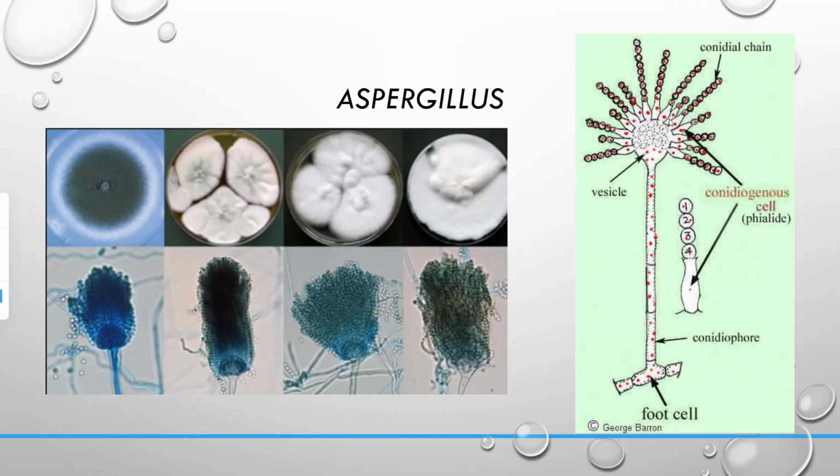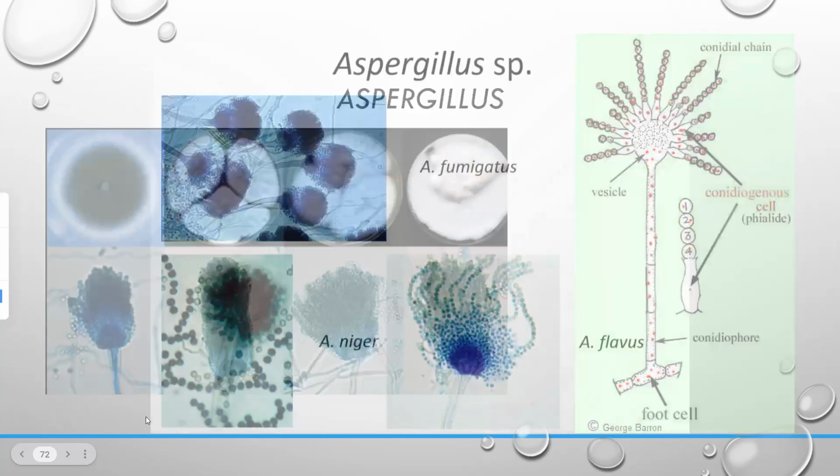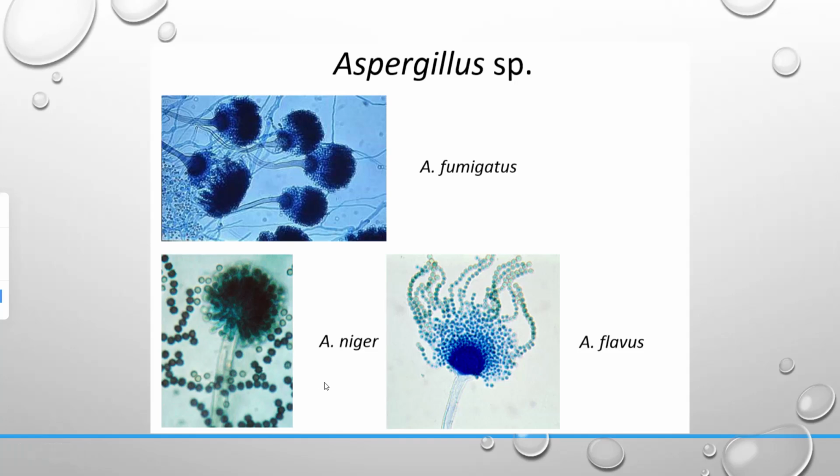You have phialides, which produce conidial chains that go up, and eventually these individual cells and spores slough off. You can see the phialides down here, the chains growing up, and then these loose spores that have been released. A. fumigatus, A. niger, and A. flavus have very different types of structures, but they're easily recognizable under the microscope.